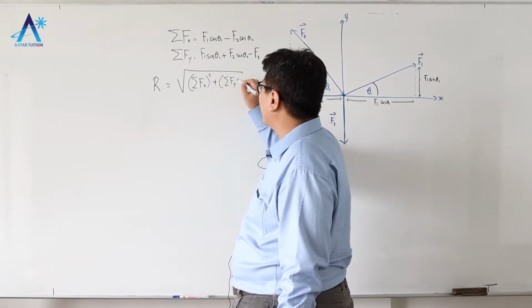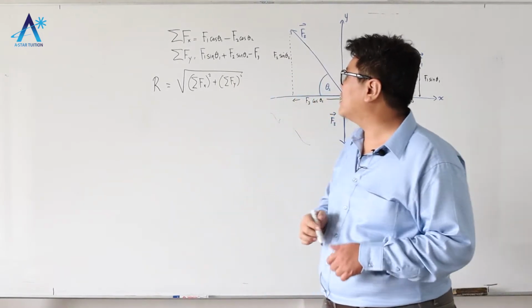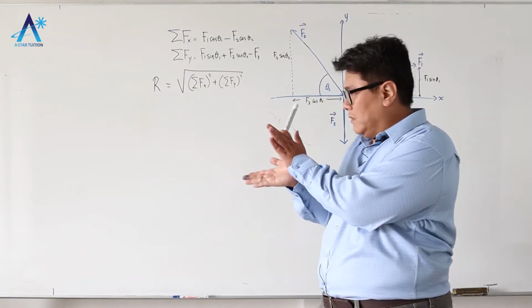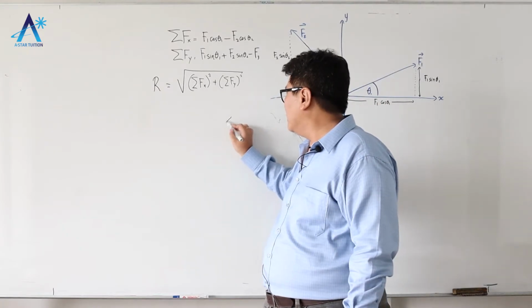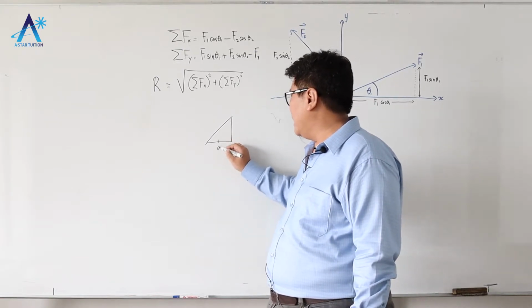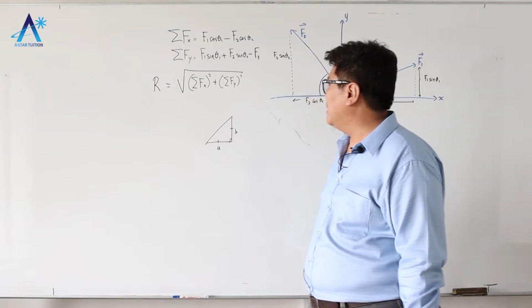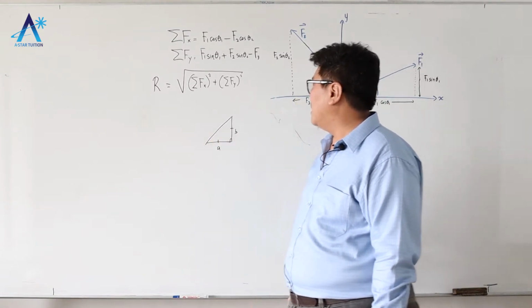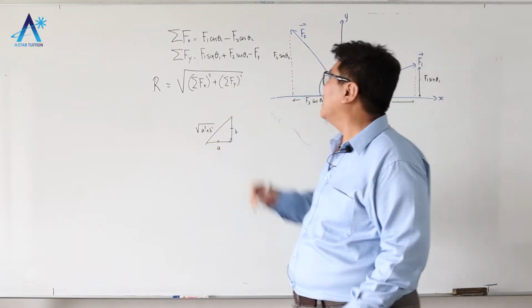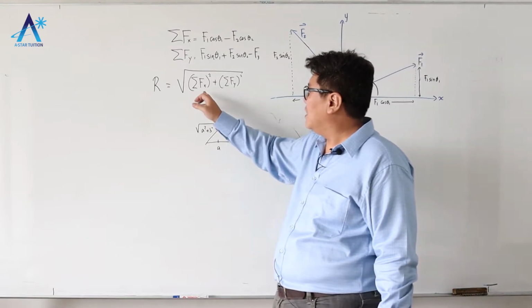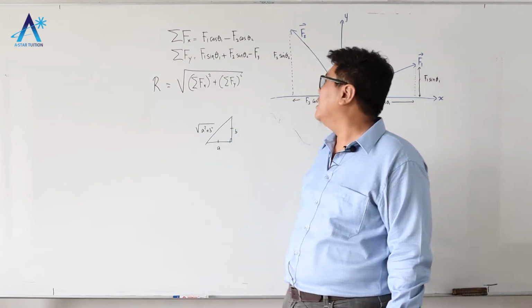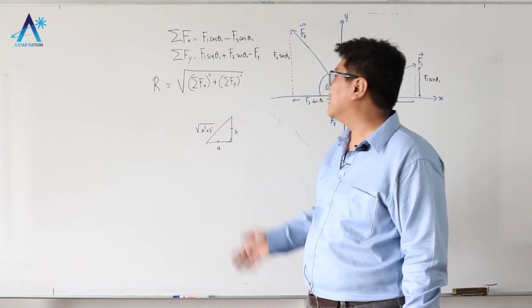The way it works is, if you're familiar with the Pythagoras theorem, when you have a right angle triangle, if one side is A and the other side is B and they're perpendicular, then you can find the hypotenuse using the Pythagoras theorem. And this is exactly that, because as I mentioned, the sum of all horizontal components is perpendicular to the sum of all vertical components.